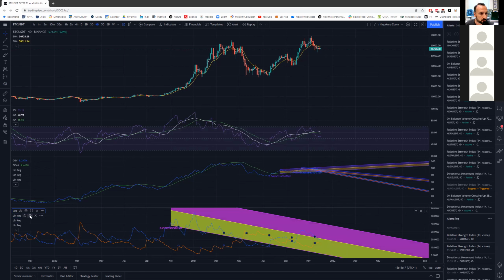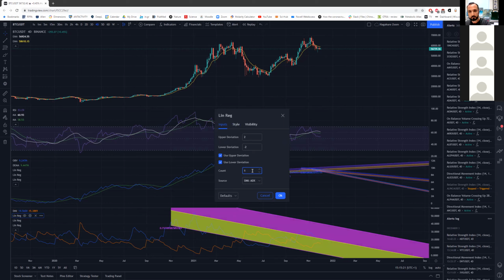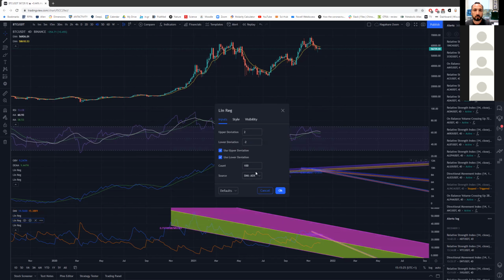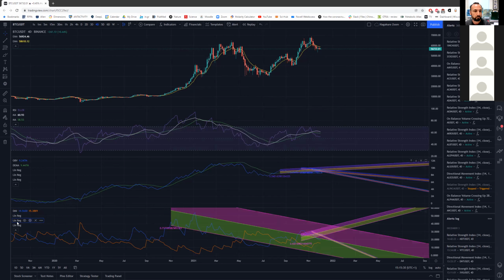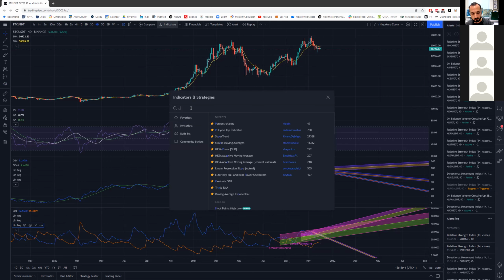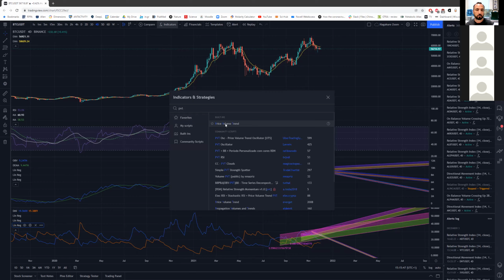The first one, you also set to count 7, the second one to 14, and the third one to 28. Okay, good. And you go again to the indicators and you type PVT. That's the price volume trend.